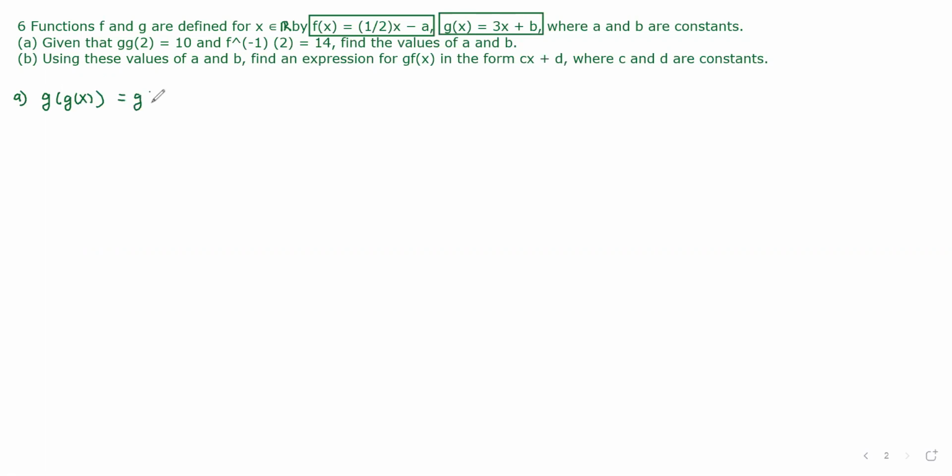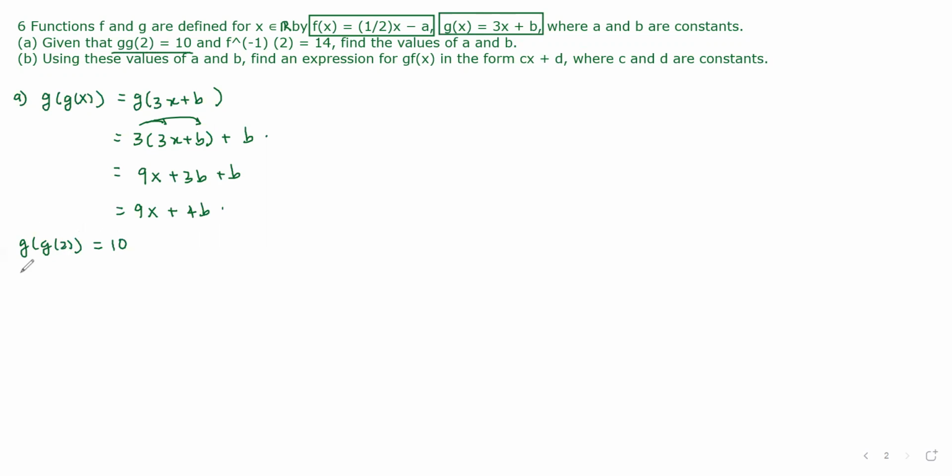g(g(x)): g(x) is 3x plus b, so you replace x with 3x plus b in the function g. That gives you 3 times (3x plus b), and you can distribute the 3. That gives 9x plus 3b plus b, which is 9x plus 4b. And you are given that gg(2) is 10.